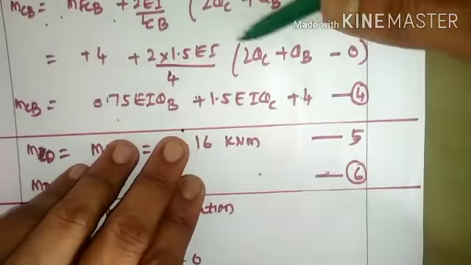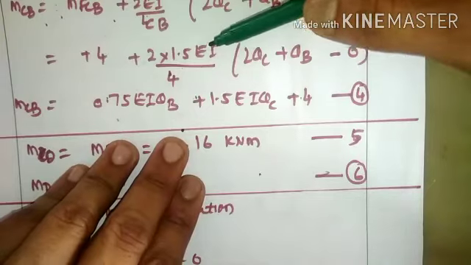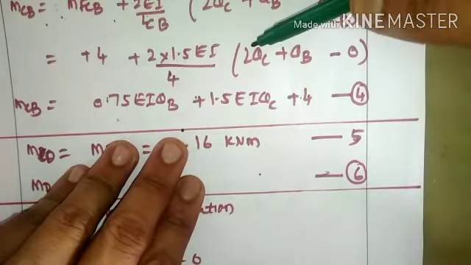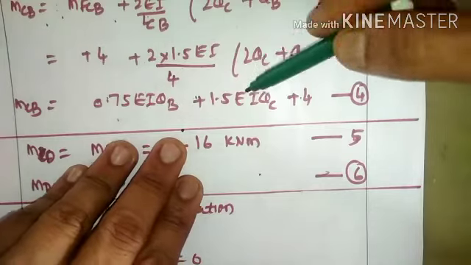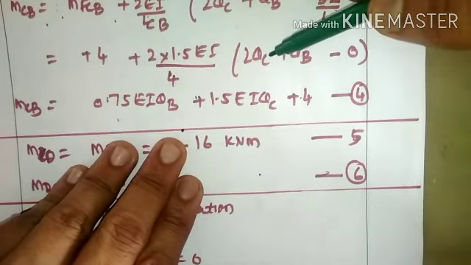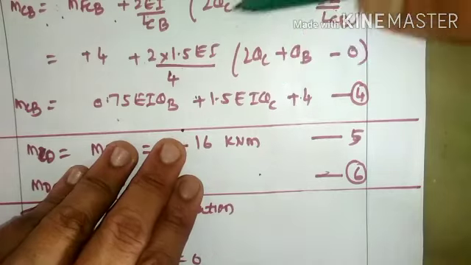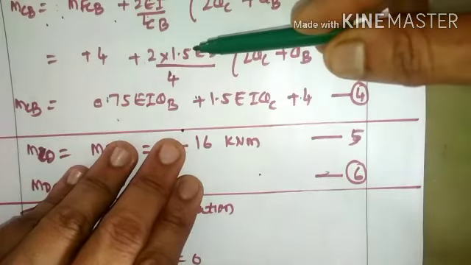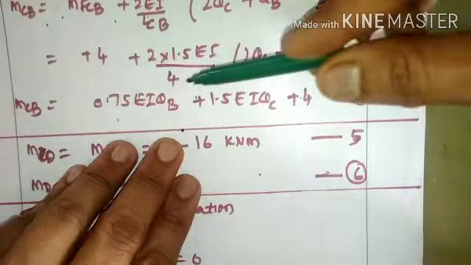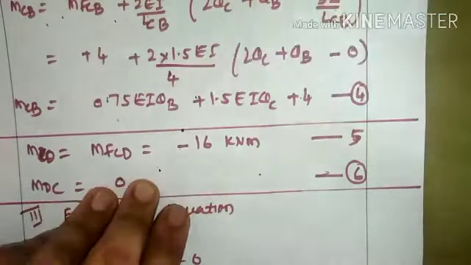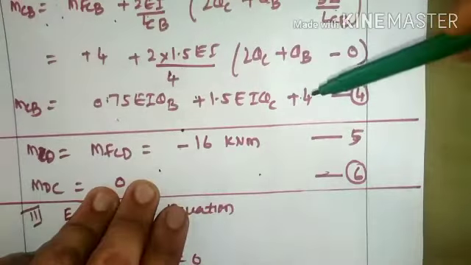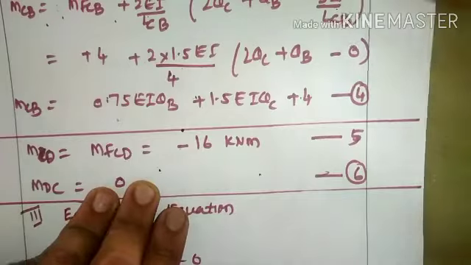If you rearrange this equation, 2 into 1.5 will be 3, 3 into 2 will come out as 6, 6 divided by 4 will come as theta C here. The first term is theta C, so we shall get 1.5. Likewise, 2 into 1.5 will be 3, 3 by 4 will be 0.75 EI theta B. Then this plus 4 shall be kept as it is. This is equation number 4.